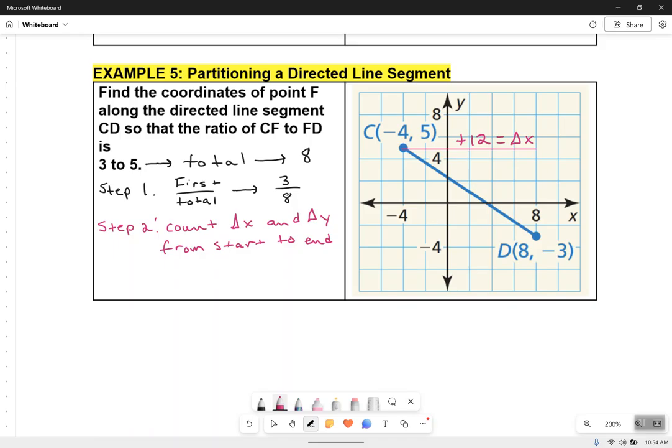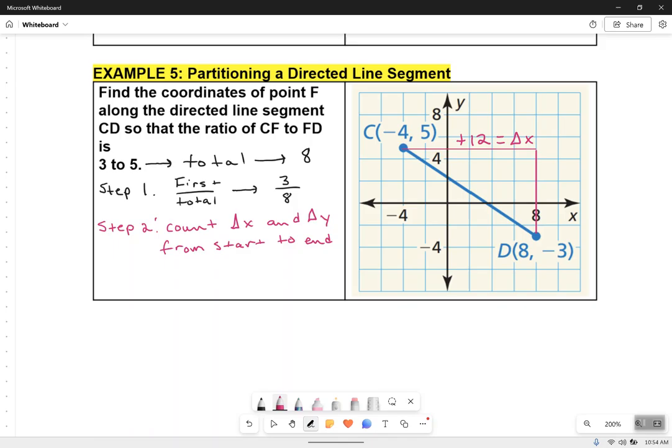Okay. Let's do my change in Y's, guys. Am I going up or going down now, kids? Going down. A couple ways I can count it. This is scaled out by 2, it looks like. But I can also look at the Y value. So I'm going from a Y value of 5 to a Y value of what here? So going from 5 to -3 would be a change of negative how much? -8.